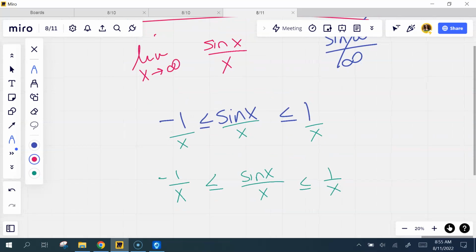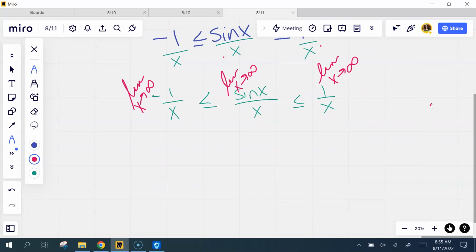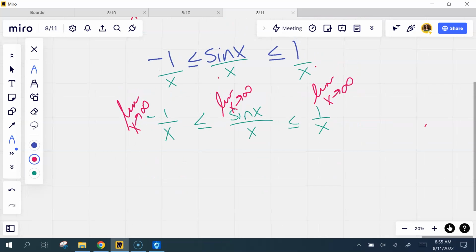Now can you evaluate the limit as x approaches infinity? I hope you can anyway. And you should find... how about on the left side? What's the limit as x approaches infinity of -1 over x?